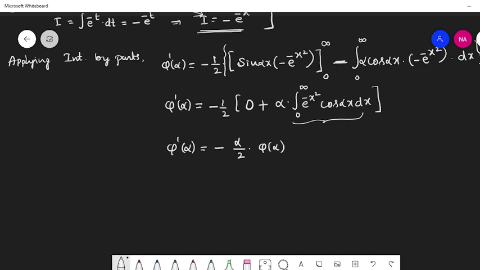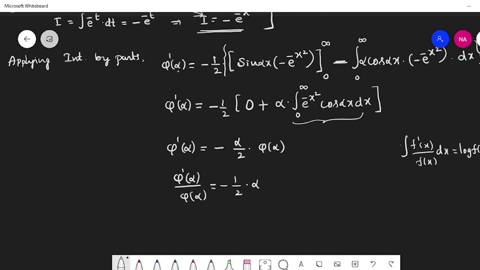Now I can take this phi of alpha to the left hand side: phi dash of alpha divided by phi of alpha equal to minus alpha by 2, or else you can write this as minus 1 by 2 into alpha. We have this result, integral f dash of x divided by f of x dx equal to log f of x.